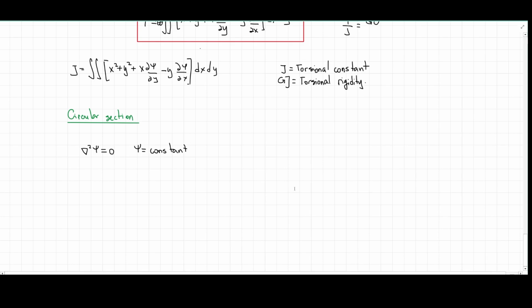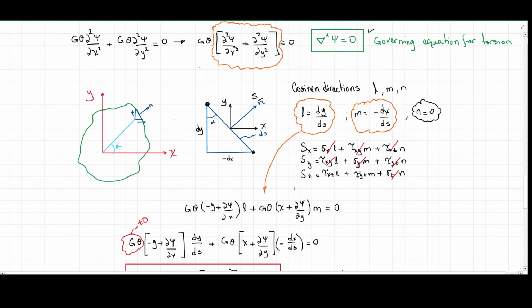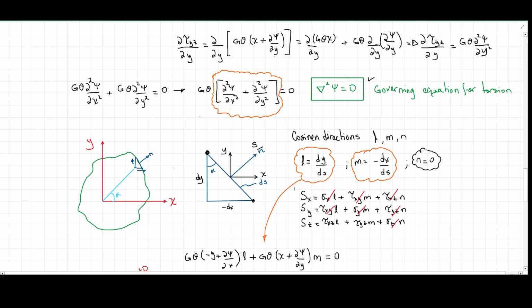Actually, there is something here that I need to recap. So this is 0, but you're going to find in texts that this is equated to a constant somehow, and that's something that you need to take into account. In this case, for the formulation we're doing, it is 0, but this is something that has to be constant. Then let me put a note here.